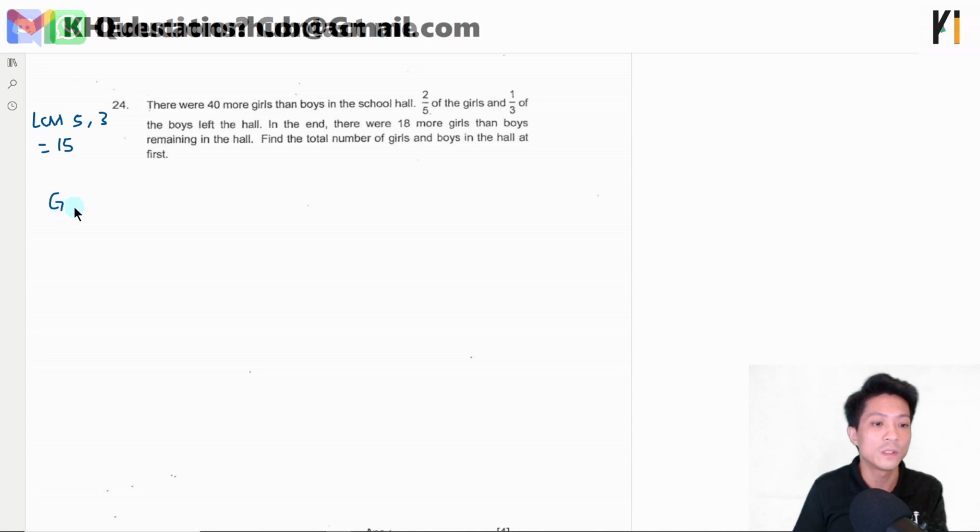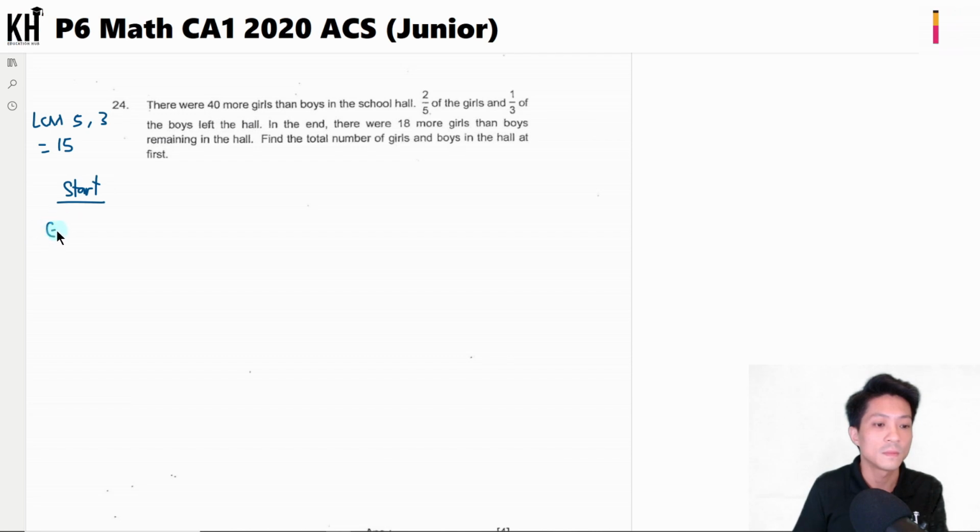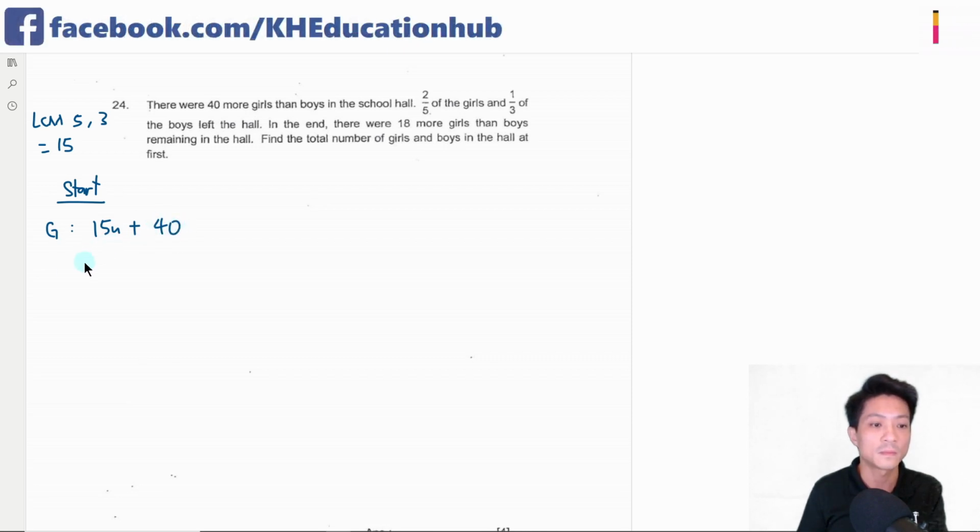So the number of girls, okay, I'm gonna name this the start. Okay, the girls, I'm gonna let them be equal to 15 units plus 40. And so the boys, I'm gonna let them be equal to 15 units.